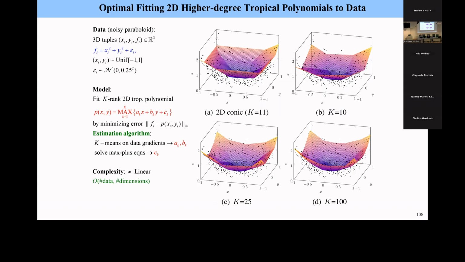Here, as a specific numerical example, we are given a number of triples in real three-dimensional tuples, xi, yi, fi, which come from a paraboloid perturbed by uniform noise.